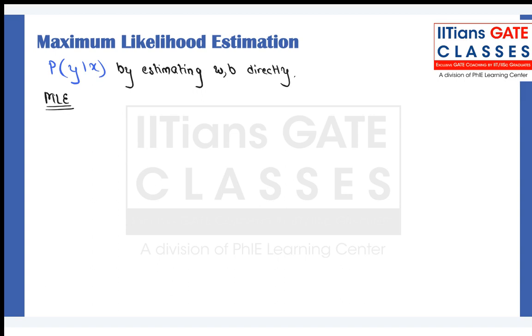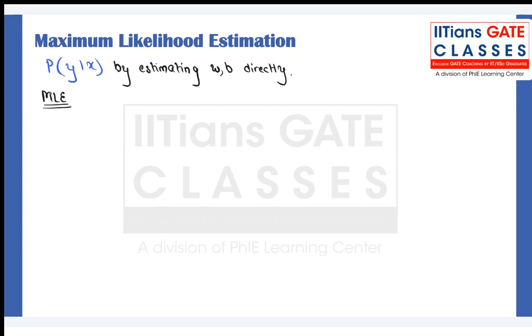What it means is your samples are identically and independently distributed, which means the probability distribution from where you try to sample your data points, okay, this probability distribution is IID. Each sample is not dependent on any other sample, and they are all from the probability distribution. That is the assumption.